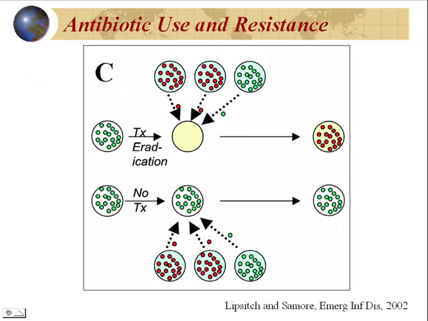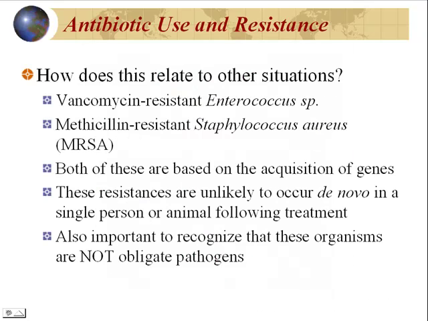Let me go back. Another piece is that TB is a pathogen no matter who gets it. If you're infected with tuberculosis, you are infected with a pathogen that needs to be treated. But everybody is colonized with Enterococcus, and everybody has Staph aureus, most likely, sometime, if not all the time, and they don't cause disease. They only cause disease when there's something else going on in your body that gives them the opportunity to cause disease.